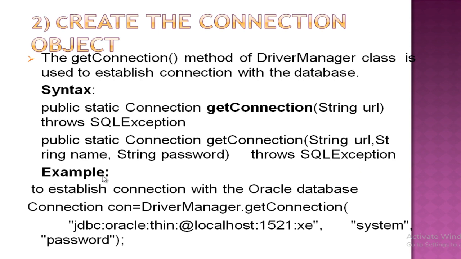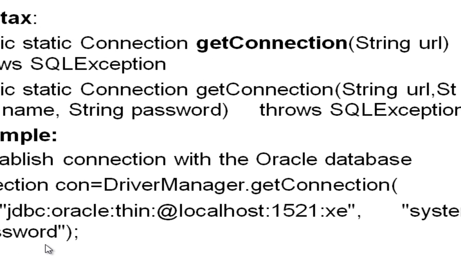So for example, to establish the connection with the Oracle database, we first create the object: Connection con = DriverManager.getConnection("jdbc:oracle:thin:@localhost:1521", system, password), where system is the name and the last is the password.